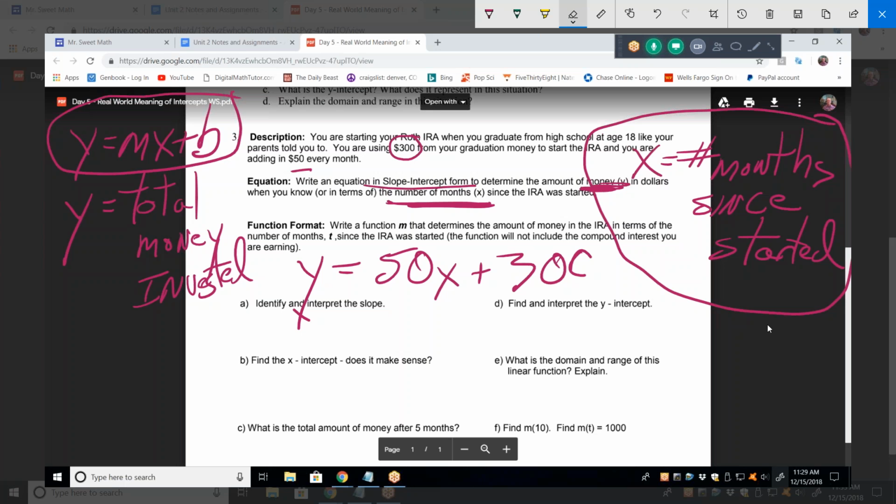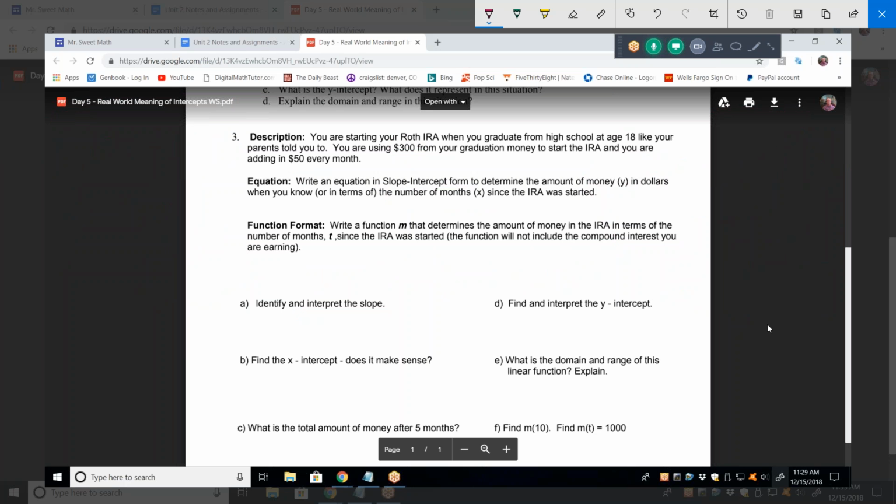So let's erase everything for starters, because this is a whole different problem. We want to keep our master equation. Remember what that means. X is the number of months you invested. Y is the total money that you invested. Y, incidentally, is not what your account is worth. Y is merely the total amount that you put in.